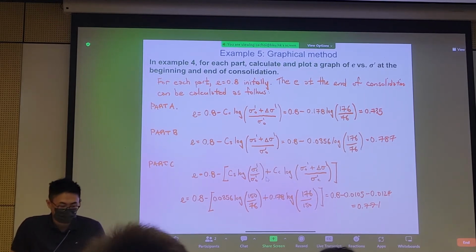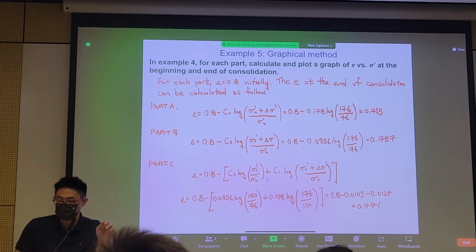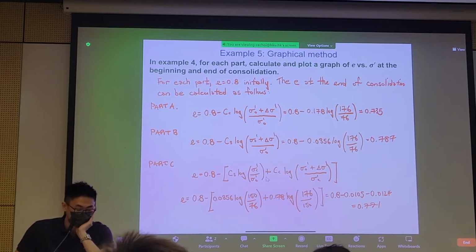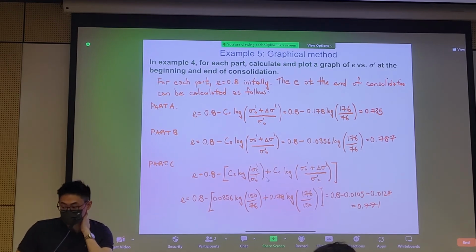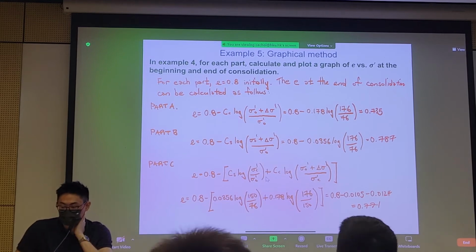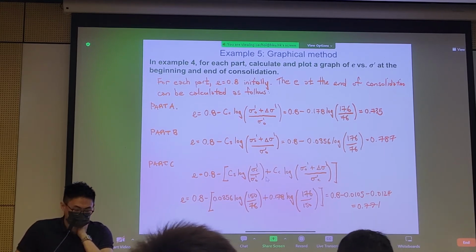So these are the three final void ratios at the end of each part, Part A, Part B, and Part C from example 4. And remember, Parts B and C just have different pre-consolidation pressures of 200 and 150.